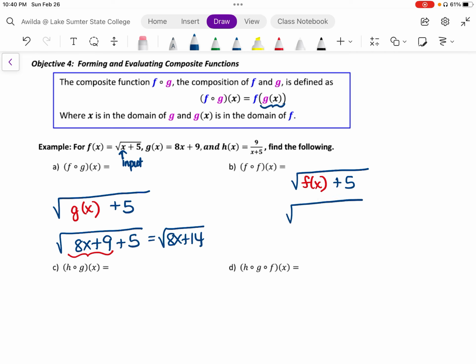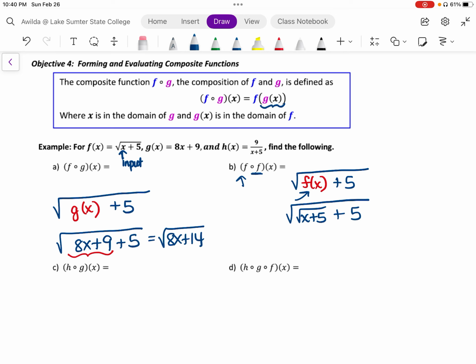So we have the square root of the square root of x plus 5 and then plus 5. I know that this seems rather confusing, but basically you're substituting the second rule that appears into the input of the first rule.